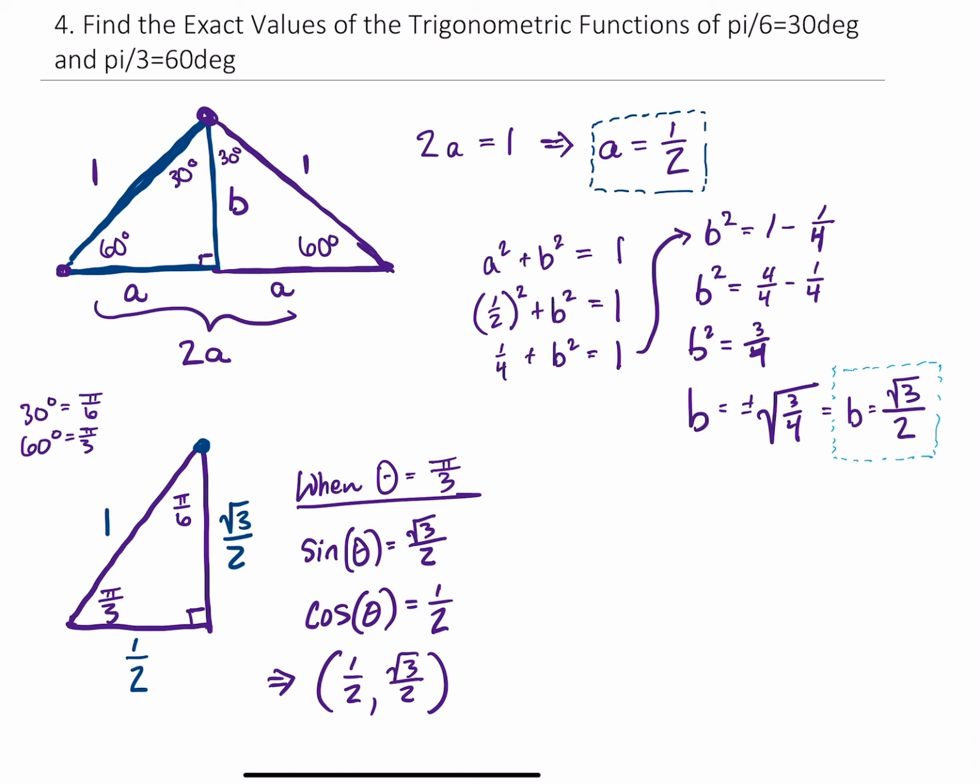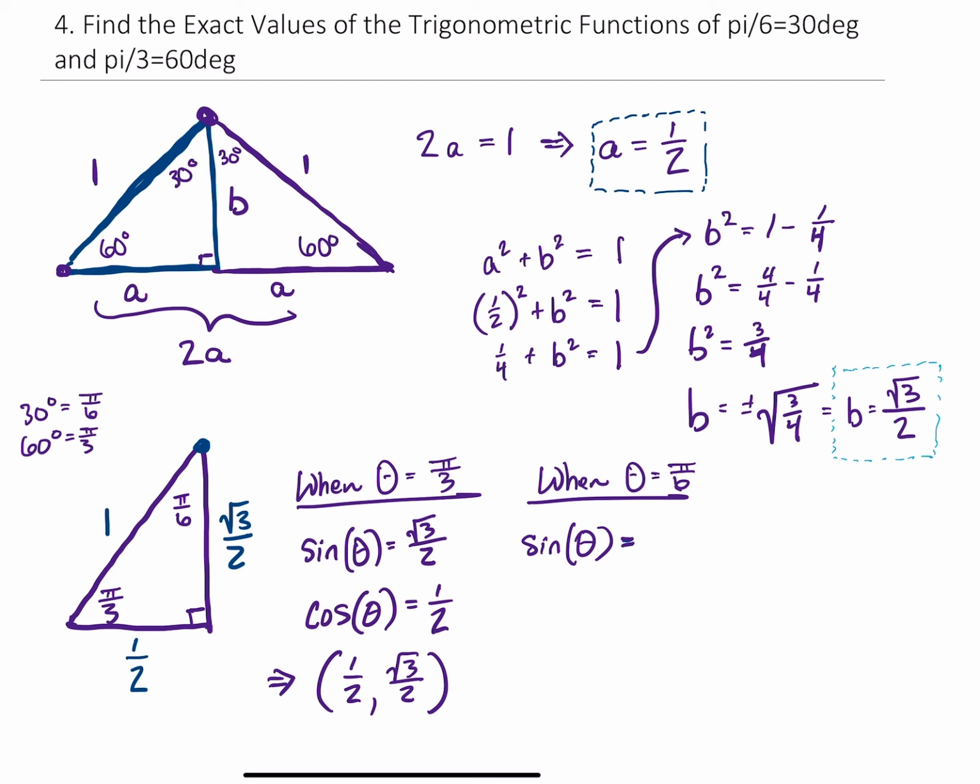But let's also look from the pi over 6 perspective, because we can answer that while we're here. So let's say when theta equals pi over 6, now the opposite is 1/2, so the sine will be 1/2. Notice the sine becomes the cosine value of the complementary angle. And that's what we saw. That was a property of these cofunctions.